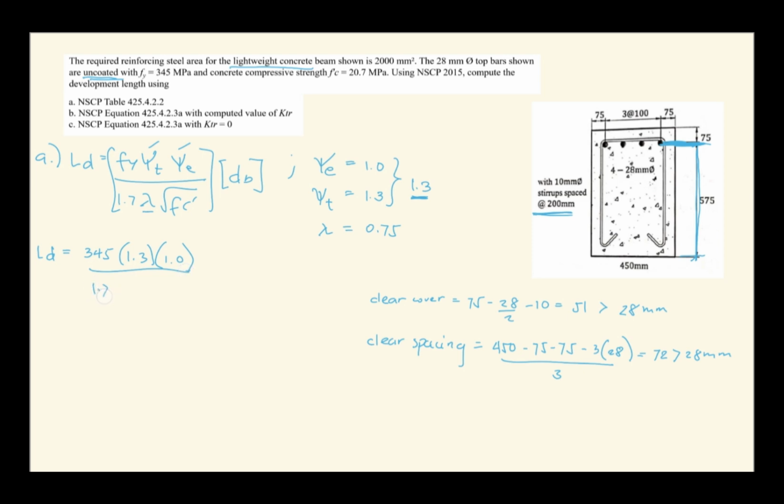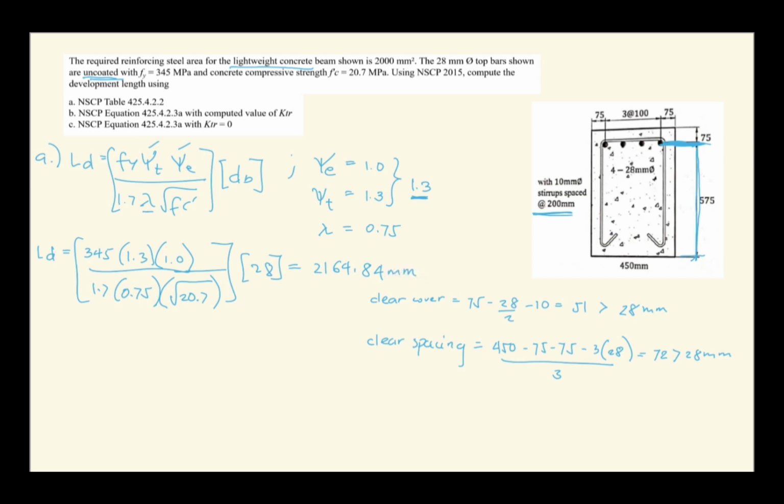Divided by 1.7 multiplied by 0.75, square root of 20.7, multiplied by 28 mm. We'll get a value of 2164.83 or 84 mm.